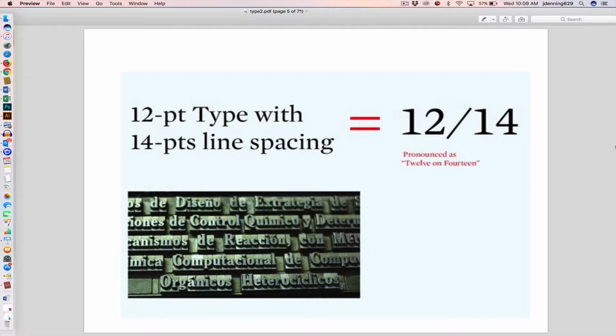Whereas it's also measuring the line spacing. So 14-point line spacing is sort of the normal default line spacing that's going to occur, but sometimes that needs to be adjusted. And the way that you communicate it is you put a 12 first, then dash, then a 14, and it's pronounced 12 on 14.